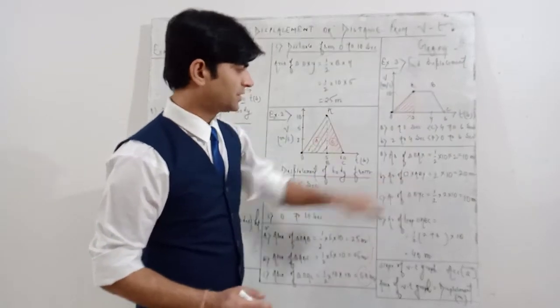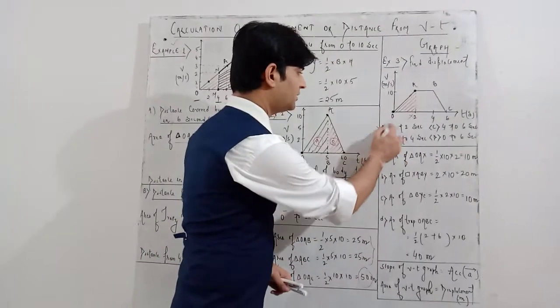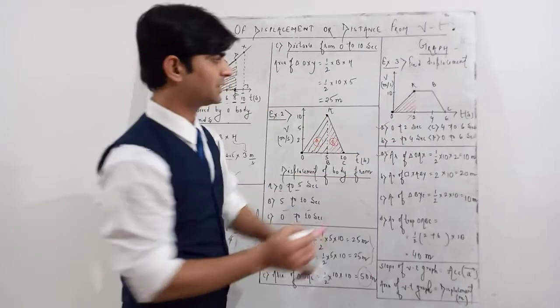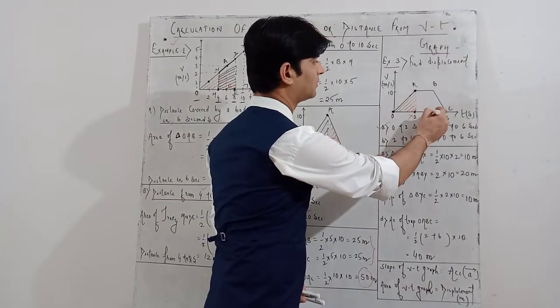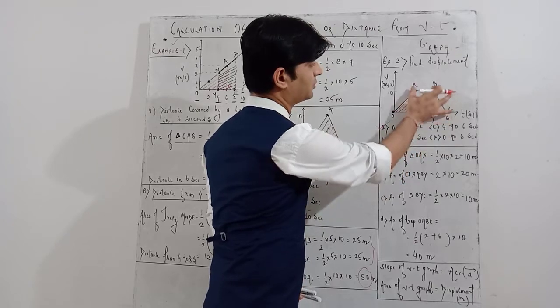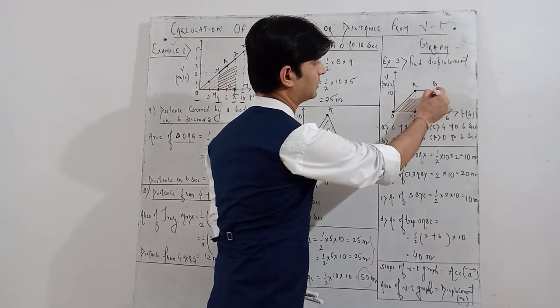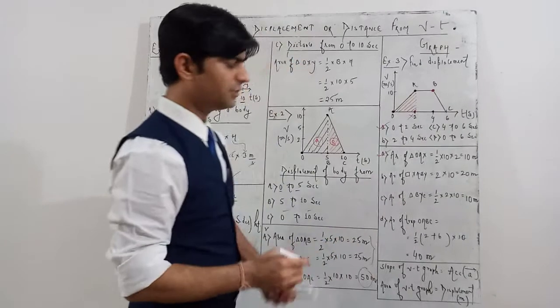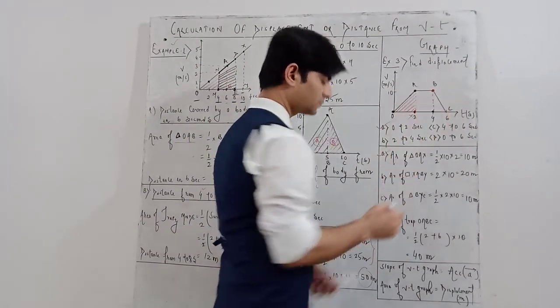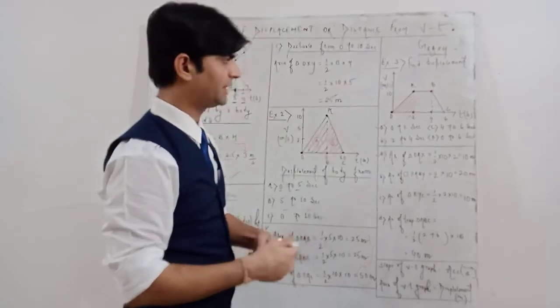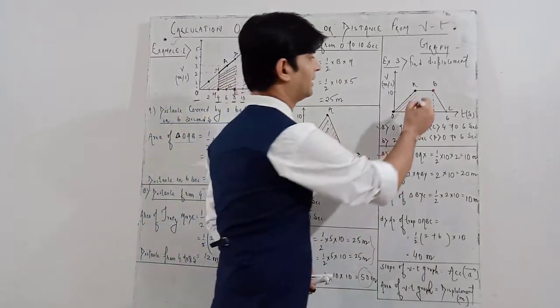For 2 to 4 seconds, 0 to 4 seconds is over. Now the B part is 2 to 4 seconds. If you see this point and this point, you get this section, this portion. Now if you shade this portion, what kind of structure are you getting?